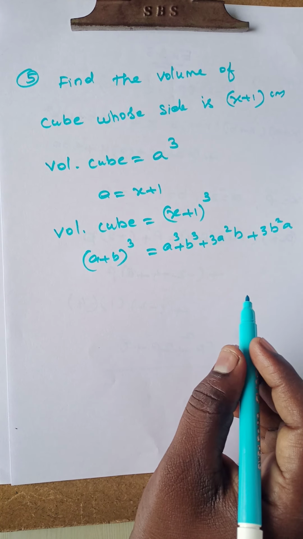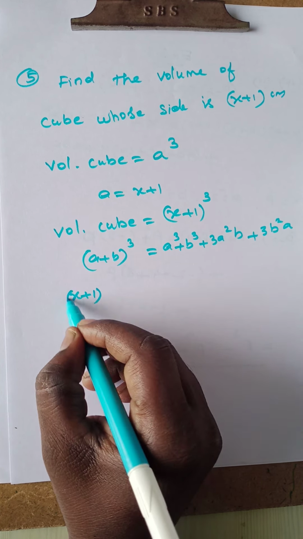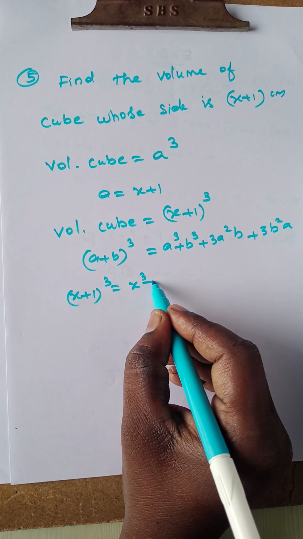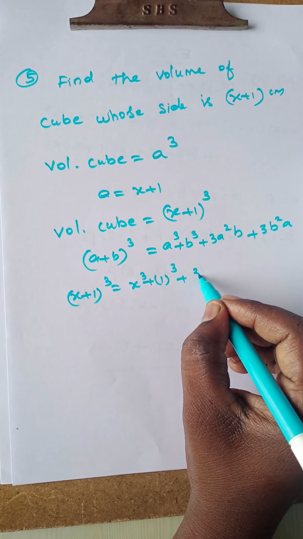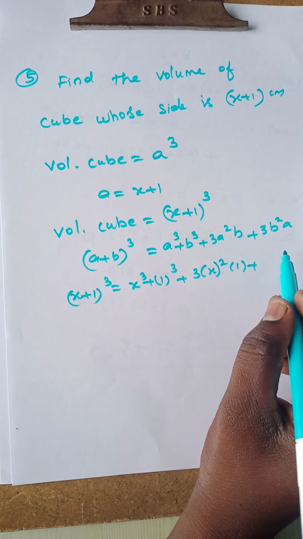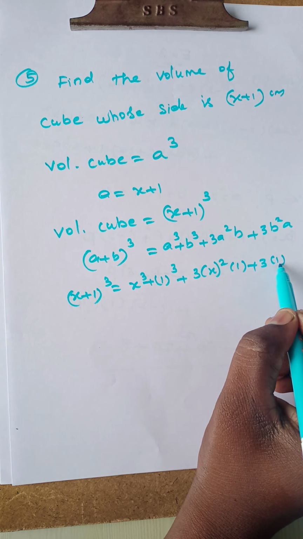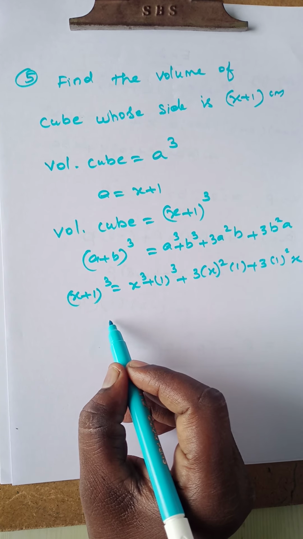Understand? Therefore (x plus 1) the whole power cube is equal to x cube plus 1 cube plus 3 into x square into 1 plus 3 into b value 1 square into a, that is x.